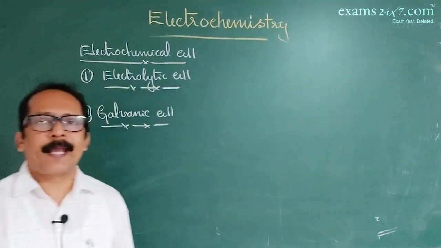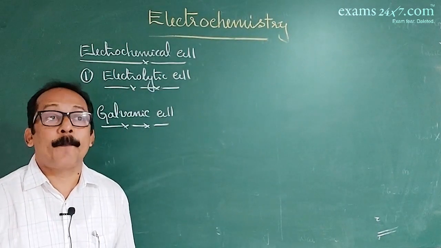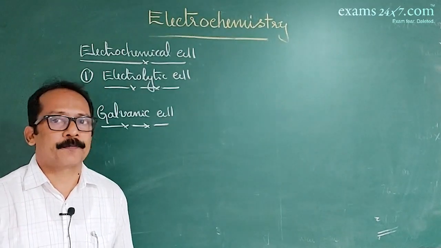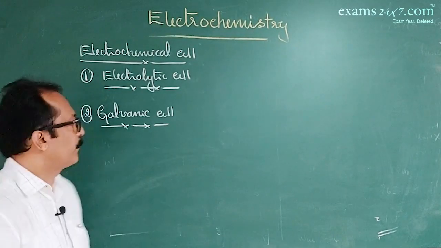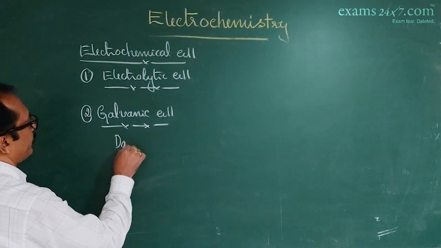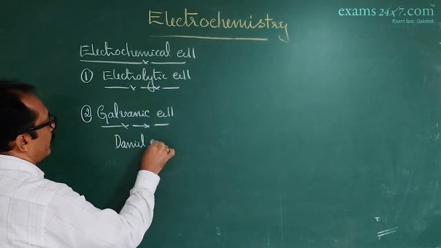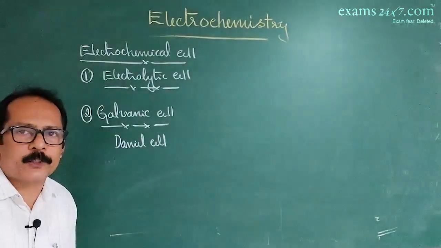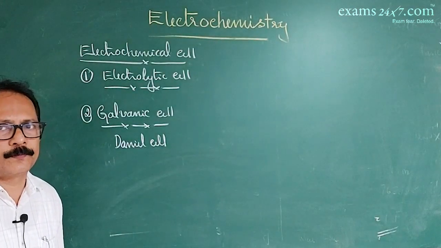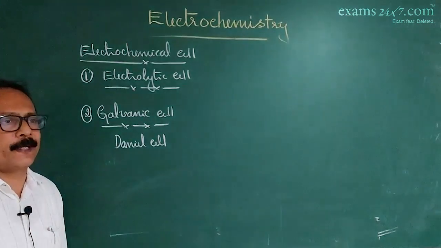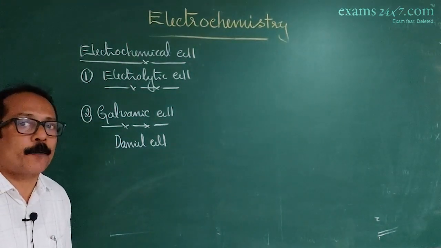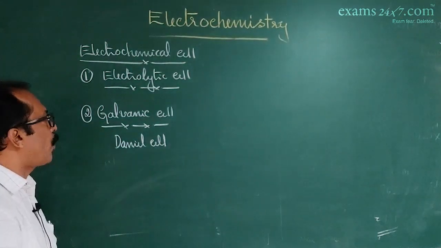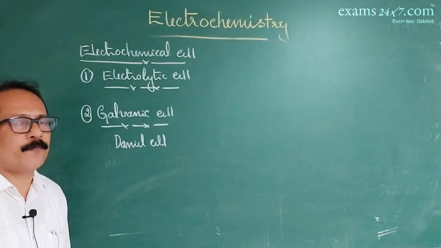A simple example of a galvanic cell is the Daniell cell, a combination of two half cells, two electrodes. It is a combination of a zinc electrode and a copper electrode. When two half cells are connected by a salt bridge, that results in the formation of the Daniell cell.